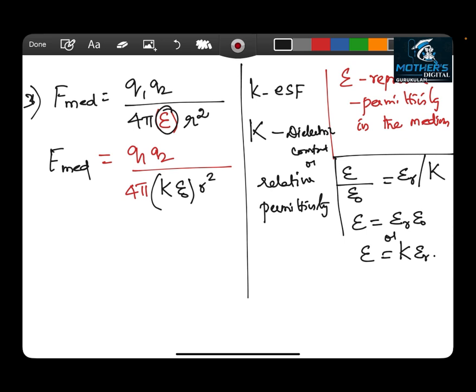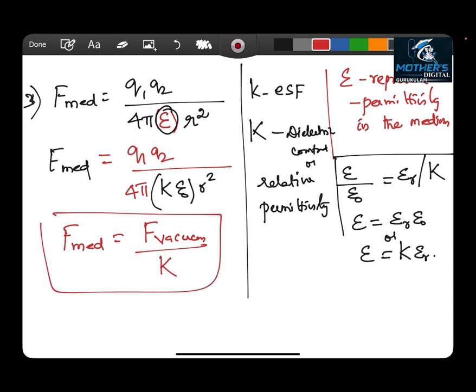If it is placed in a medium, it will be Q1 Q2 by 4 pi K, capital K, epsilon naught R square. This formula also can be written as F medium is nothing but F vacuum divided by capital K. Capital K is called your dielectric constant. So force will always be mentioned in terms of Newton.